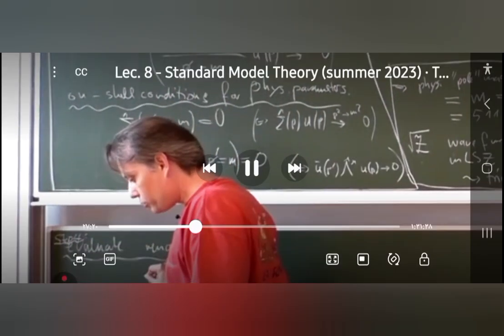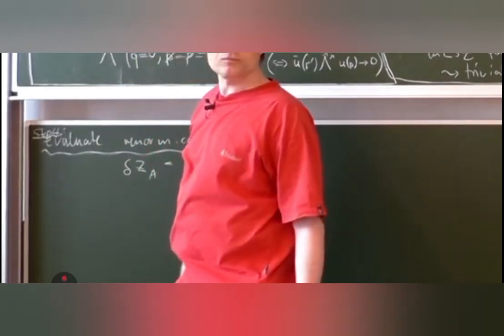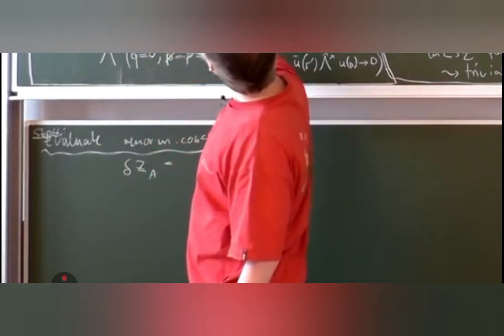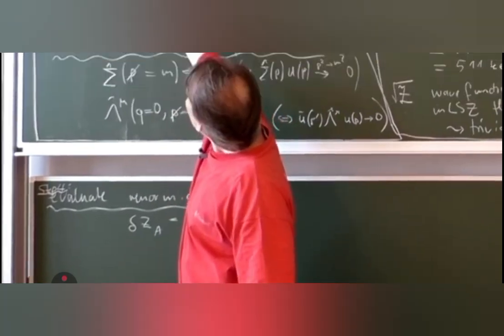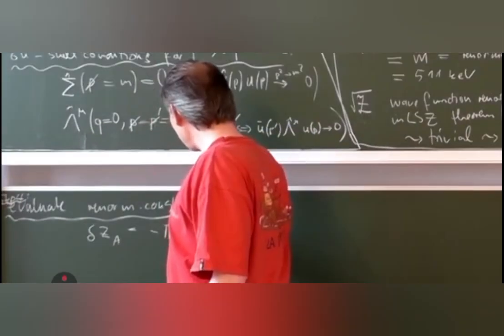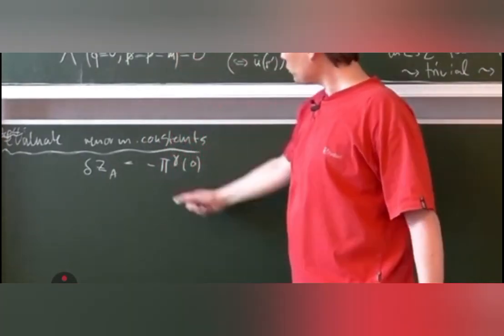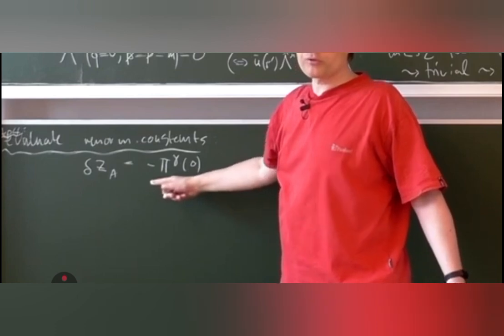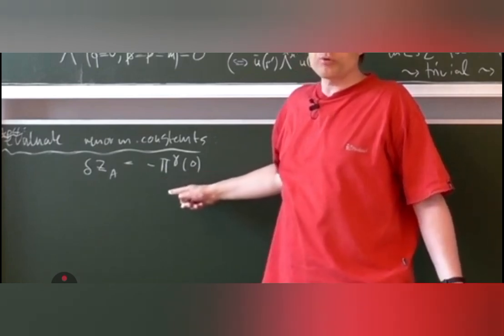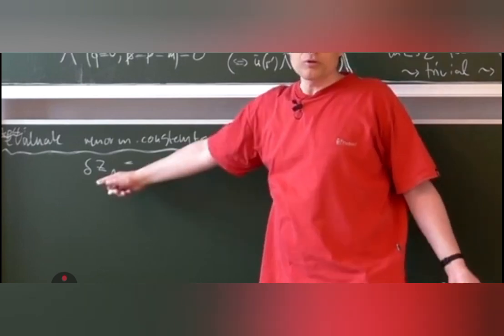You obtain a condition for delta ZA. Delta ZA must be such that pi hat becomes 0, so delta ZA is equal to minus pi gamma at 0. And then you have a calculational recipe, because that is the one particle irreducible Feynman diagram for the photon self-energy. You calculate it, and then you know delta ZA.